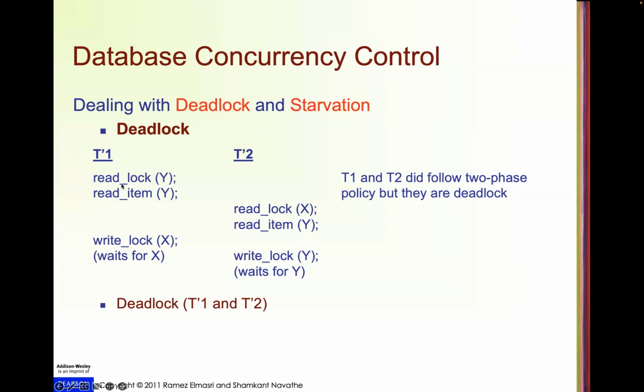T1 is locking the data item Y by applying a read lock and then reading the item Y. Concurrently, T2 applies a read lock on X and reads it, and it tries to read the item Y. Here, T1 tries to apply a write lock on X and waits for X. And here, T2 applies for a write lock on Y, and you see the read lock of Y is with T1.